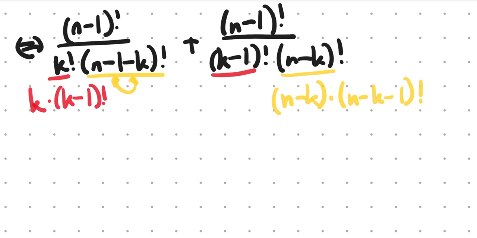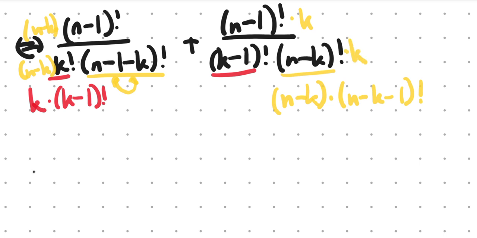So what should we do? We want to get to n minus k factorial and k factorial. So we have to multiply this fraction by n minus k in order to get n minus k factorial, and this fraction by k to get k factorial.